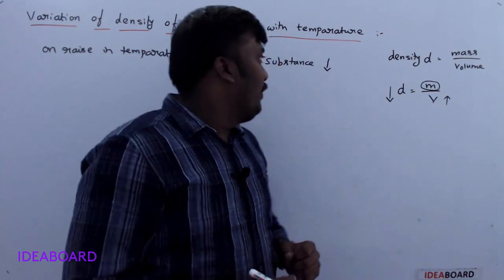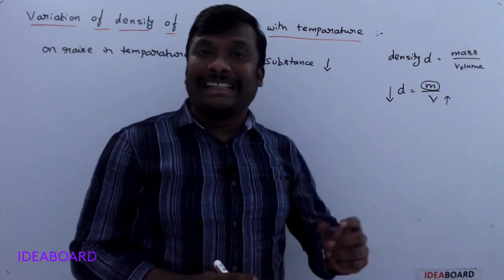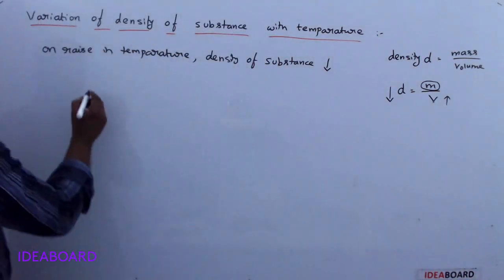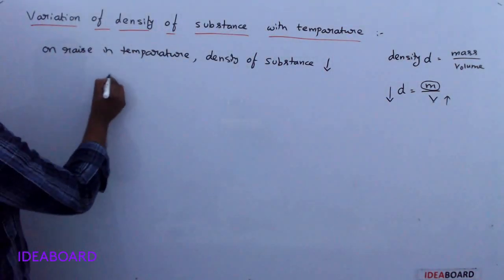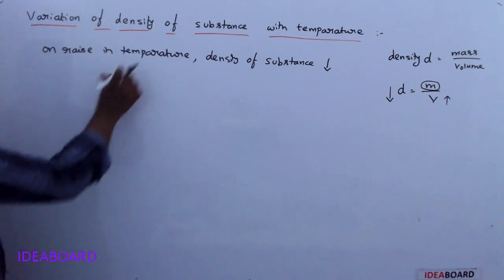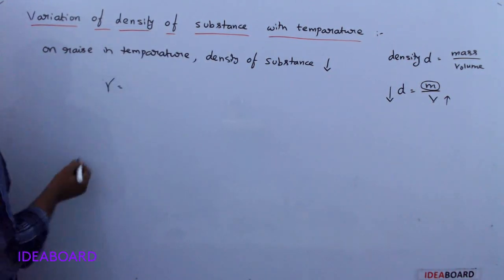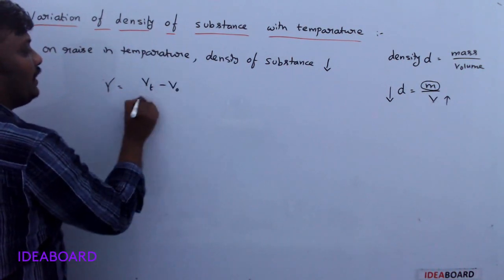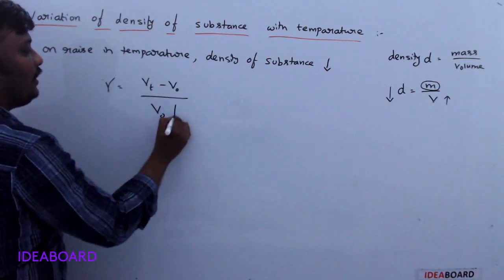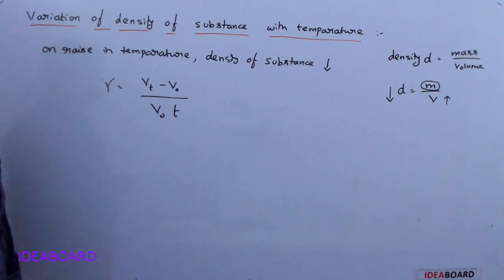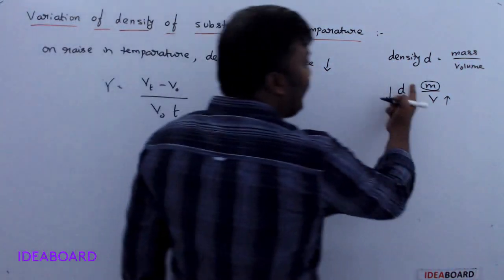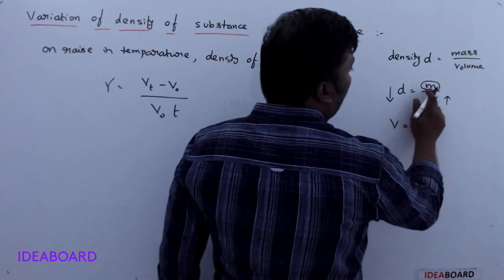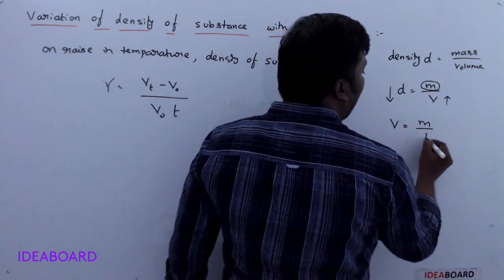Now, let us evaluate the formula for density at T degree Celsius. For that, I would like to take the formula for the coefficient of volume expansion gamma. Gamma is Vt minus V naught by V naught into T. Volume is equal to mass by density.